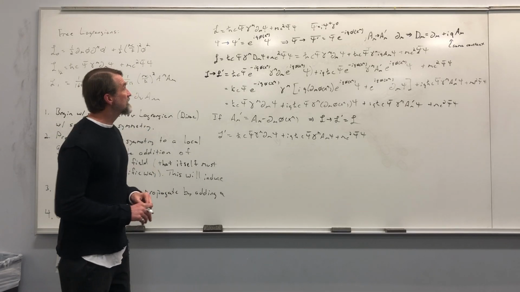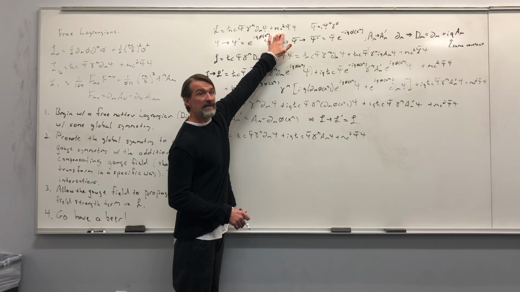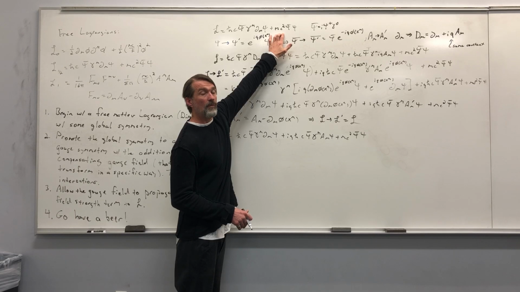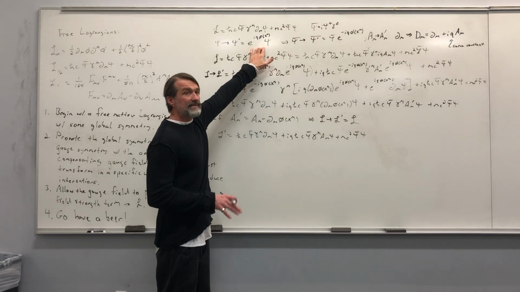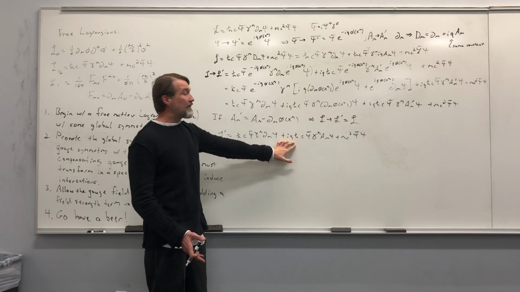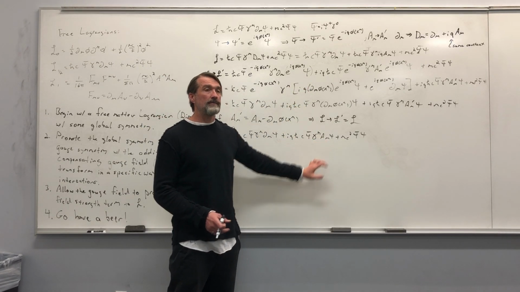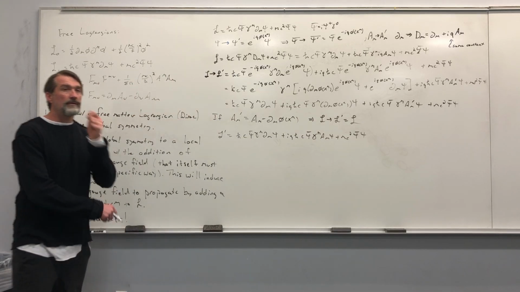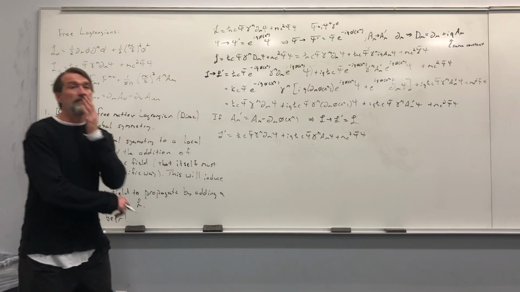We started out with this free Lagrangian piece, this kinetic term, with a global symmetry. There was no interaction. But by demanding that the symmetry be local, we were forced to introduce A, and as a consequence, we get interactions between A and psi. They're forced on us. We could not do without this term.